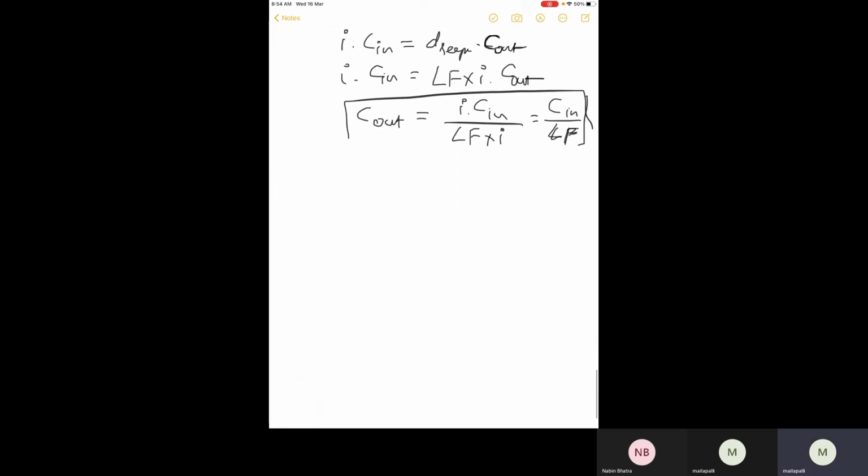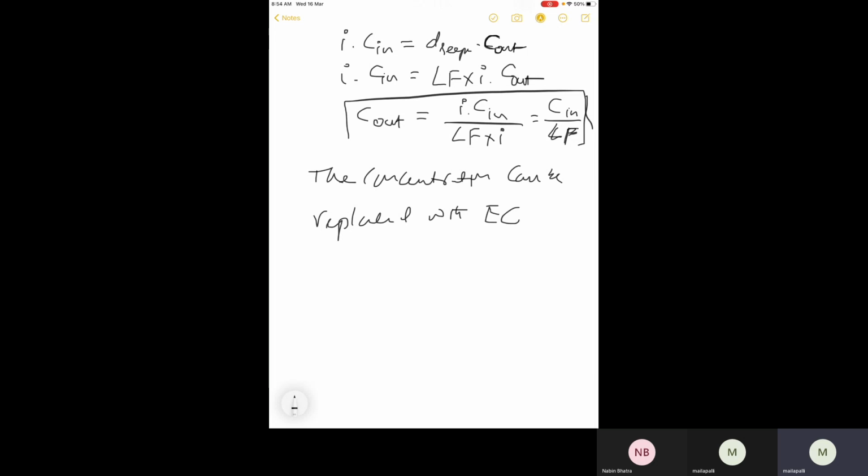So the next part is, from this the concentration can be replaced with EC, because we are talking about the salts. So the concentration here can be replaced with electrical conductivity.